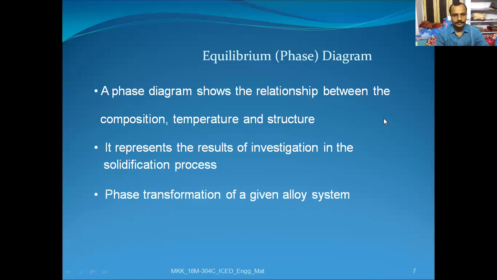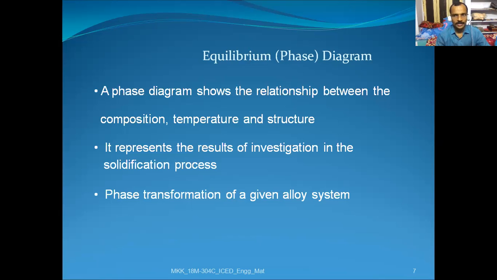It also represents the results of the investigation throughout the solidification process. So we can say that the equilibrium or phase diagram represents the investigation results throughout the solidification process.